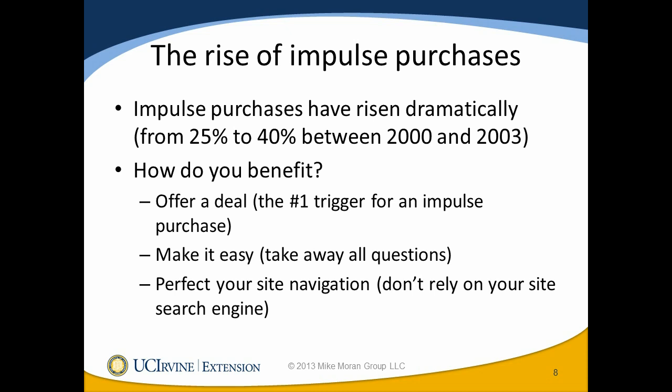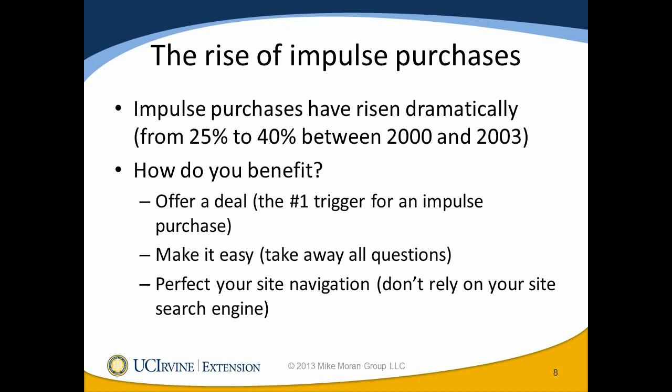So there's several different things that seem to trigger impulse purchases. The most important one is a deal. It's something that might have some kind of time constraint on it. You have to act within a certain amount of time. It might have a lower price. It might have a throw-in to the deal or a bundle that makes it more appealing.